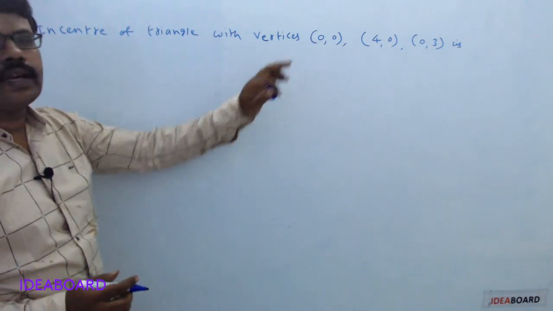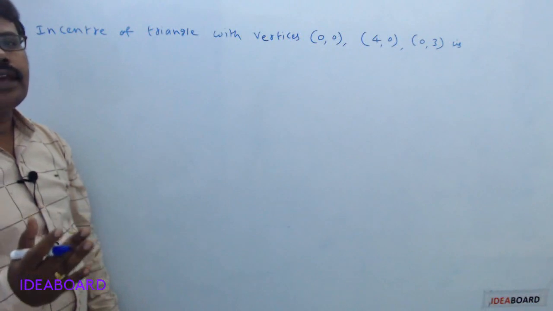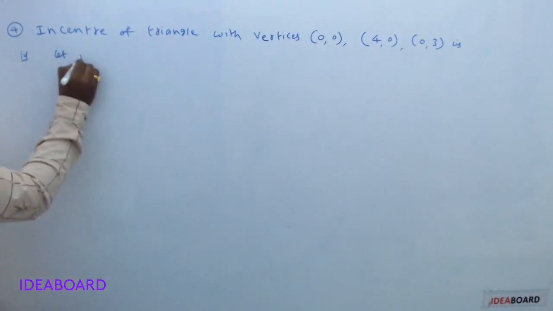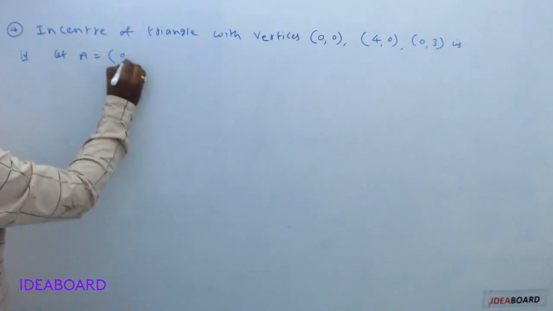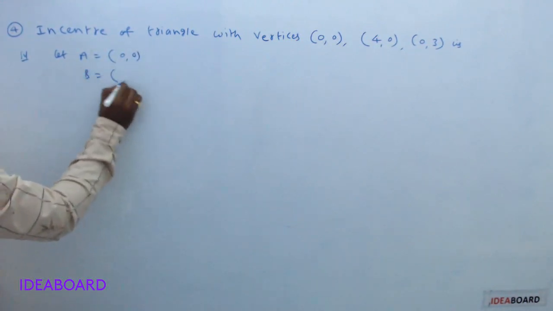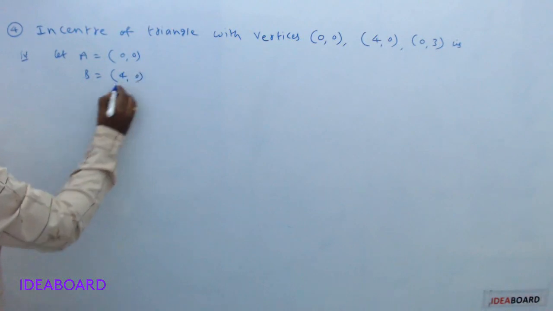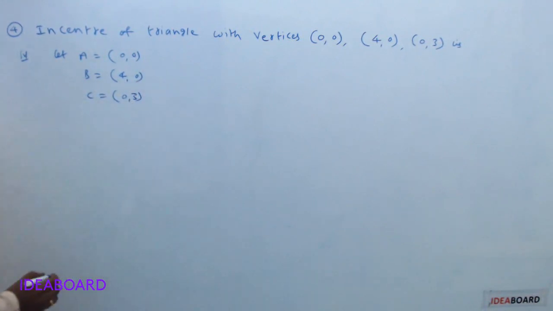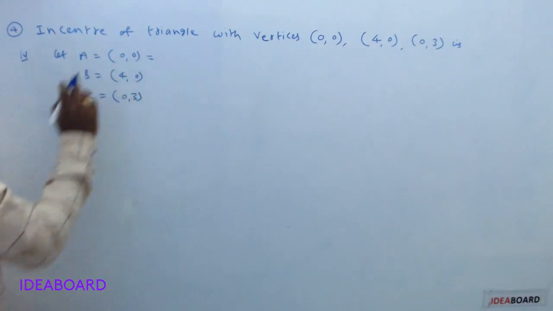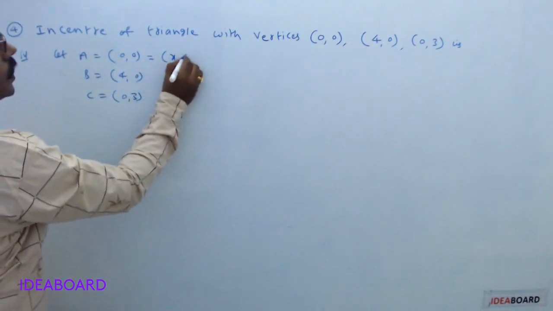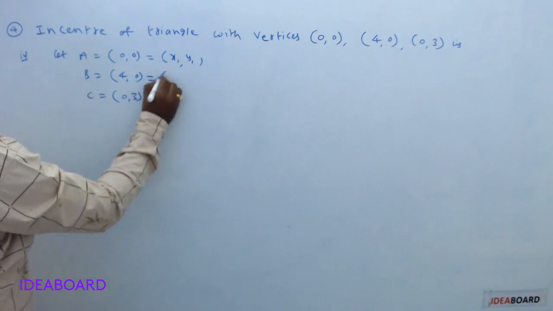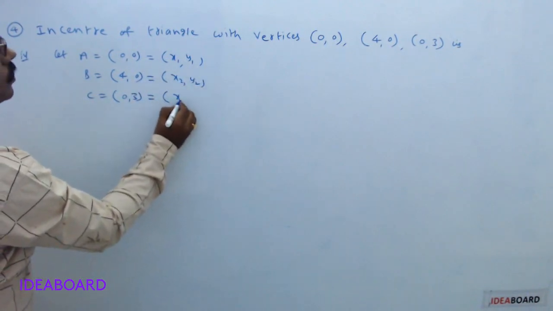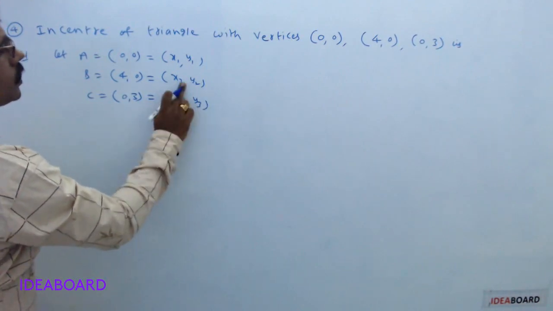First denote the given vertices as A, B and C. Let A equal (0, 0), B equal (4, 0), C equal (0, 3). Now denote the coordinates of A as (x1, y1), B as (x2, y2), C as (x3, y3).